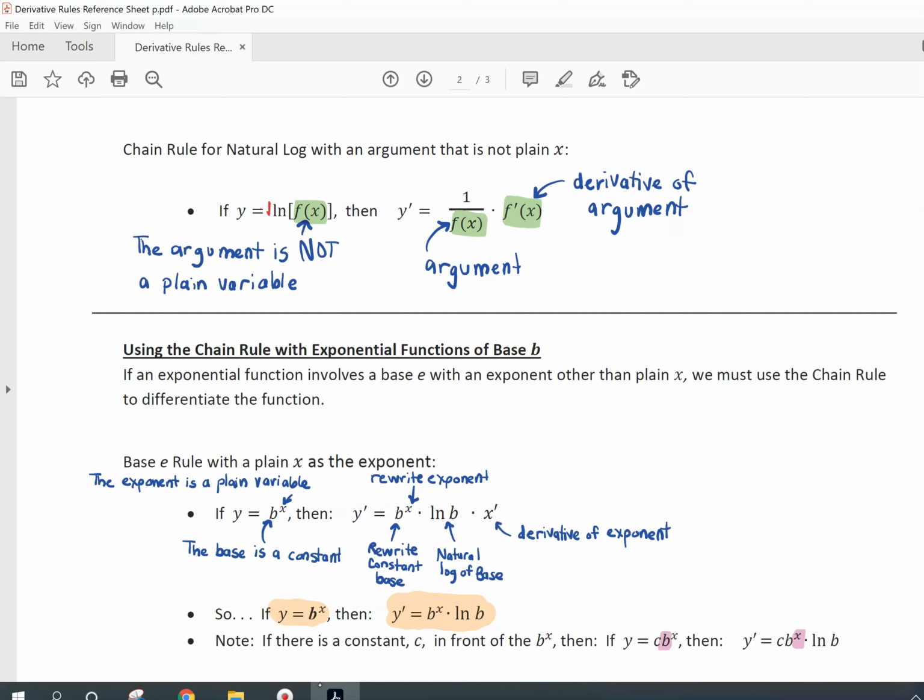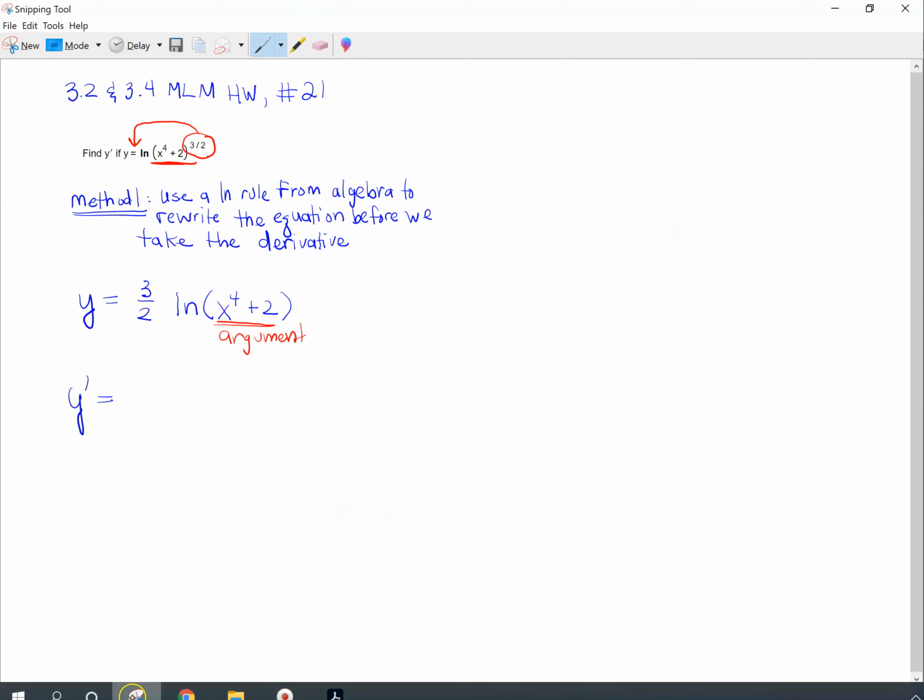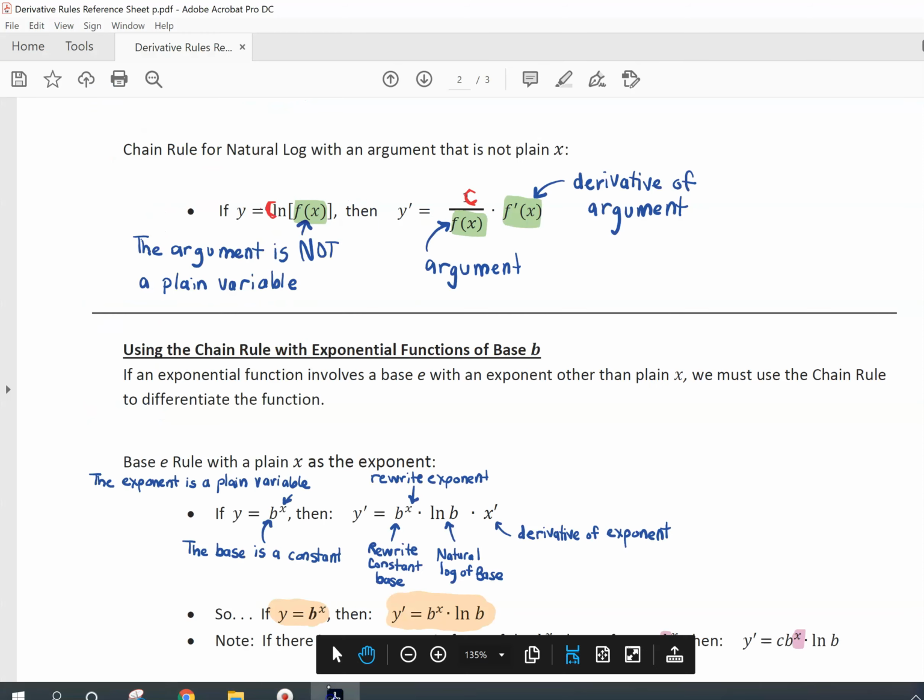So just following suit, if there was a constant in front of that natural log, that constant's going to end up in the numerator. So we have a constant, it's 3/2, right? So that's just going to end up in the numerator, or you can just say it goes along for the ride. It doesn't have to go in the numerator. So just to show that in our rule over here, where that constant could just be pulled out to the front. So let me erase that there, it's being weird.